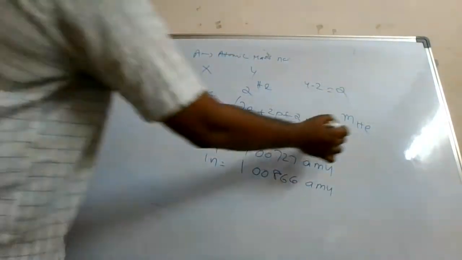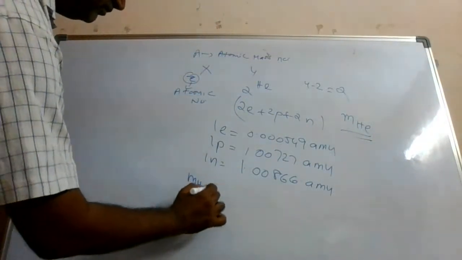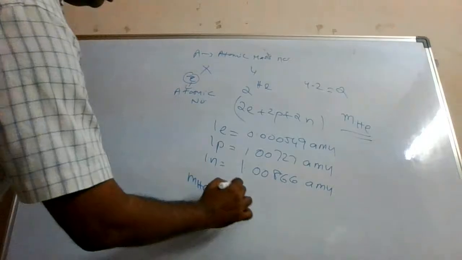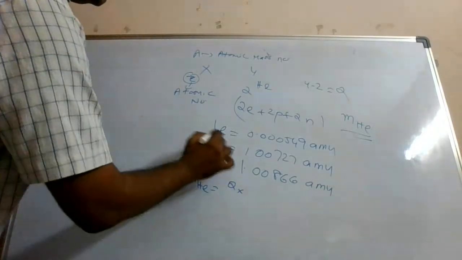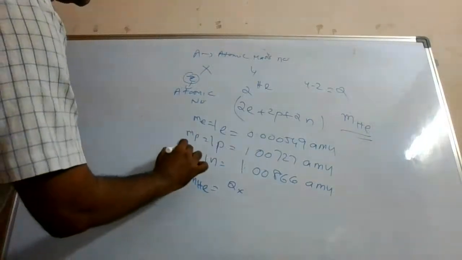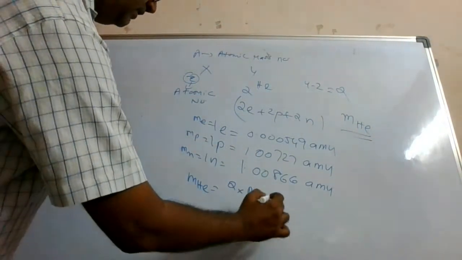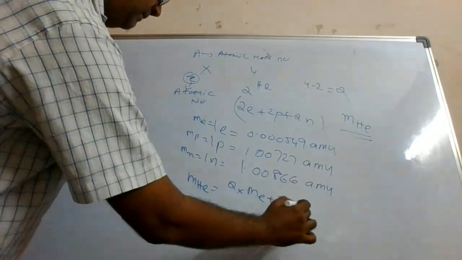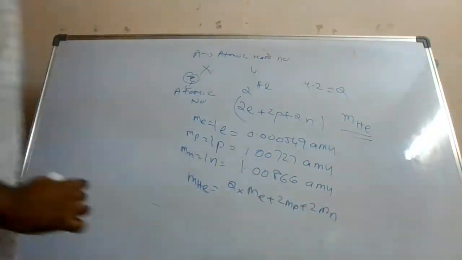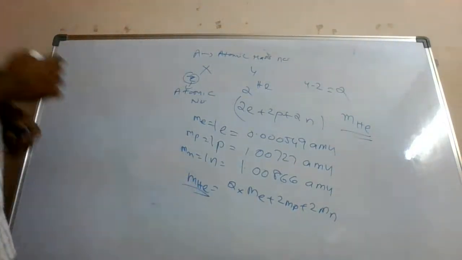So how will I get the mass of helium atom? Mass of helium atom will be equal to 2 into Me plus 2 into Mp plus 2 into Mn. Okay. So this is the theoretical weight.